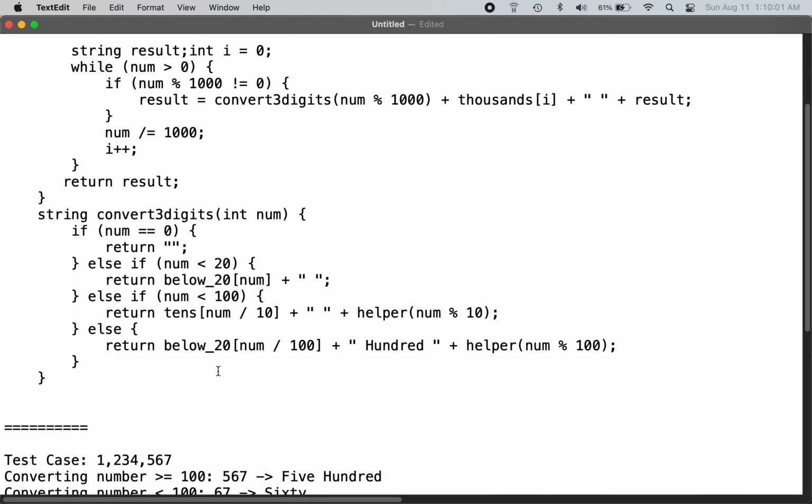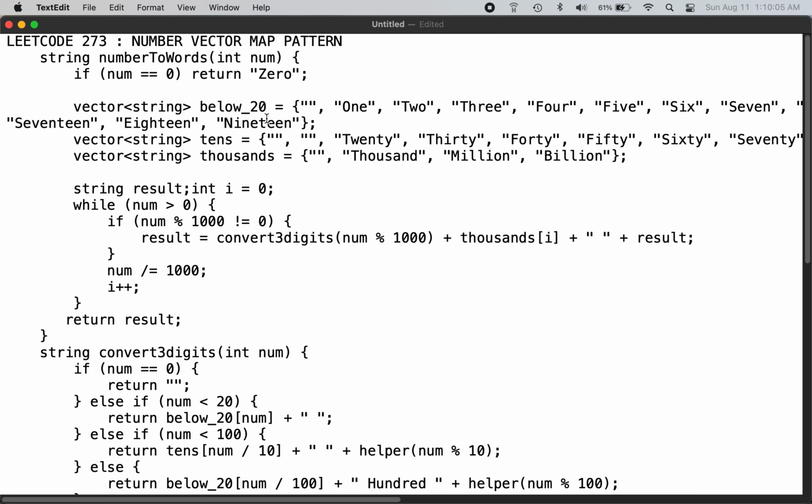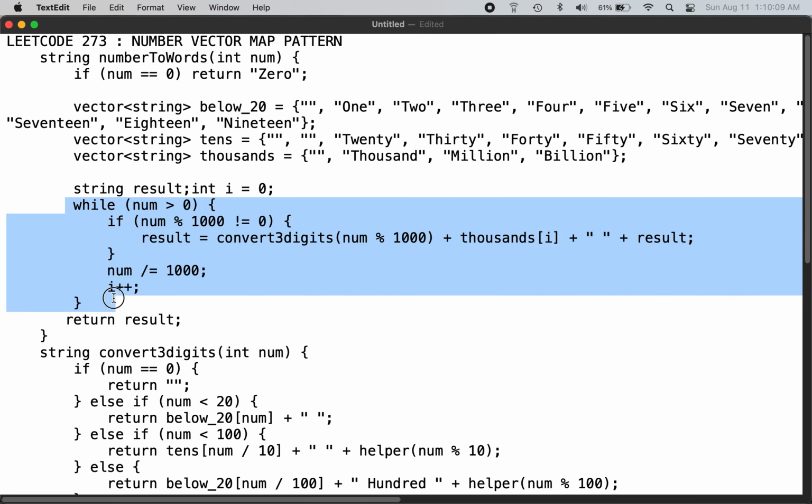But you need to tie all of them together, and that's where this loop is useful. I call this the number vector map pattern, because we are using a vector like a map, storing the English numbers there. That's the reasoning, and hopefully it will help us remember the solution when needed.